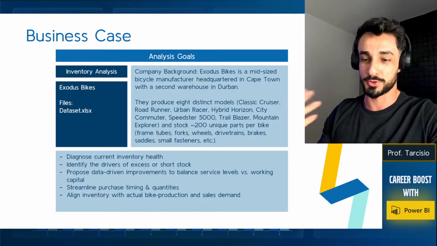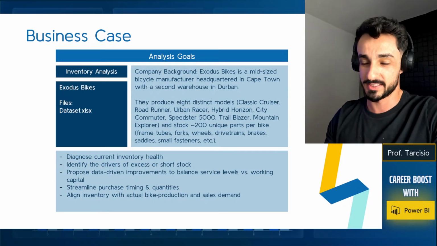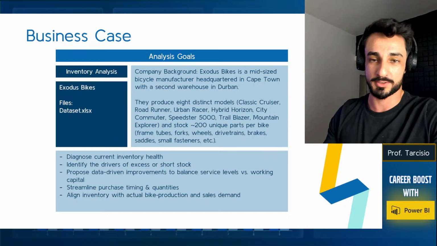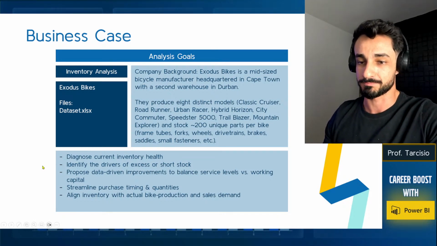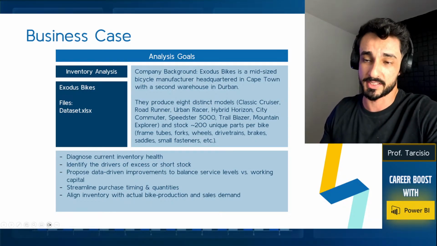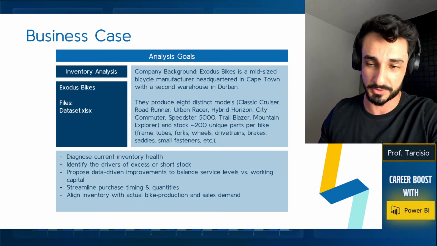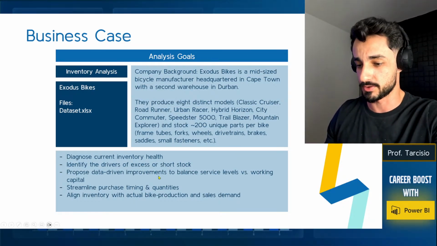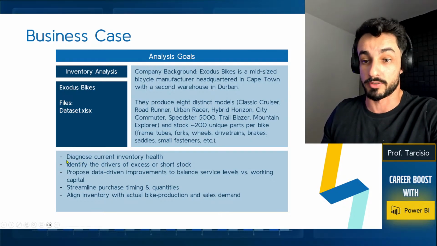So I had to create this data by myself, okay? Of course, I used ChatGPT and Python to do that, and it's all created by me. And I chose a bicycle manufacturer because a bicycle is a common language for everybody. Everybody understands the parts and so on, no matter the country you're from, and your area, of course.